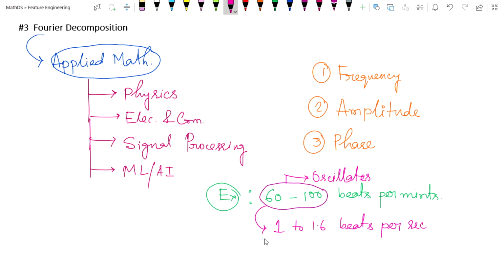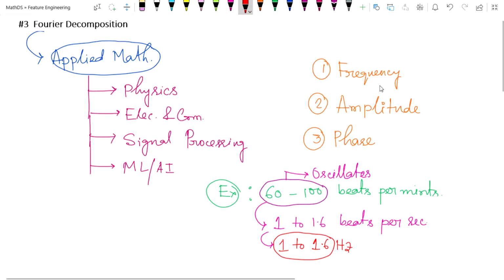That implies the frequency of our heart is 1 to 1.6 hertz. These things are called hertz. These things are actually called frequency: in a second, how many times it oscillates. That's the actual meaning of frequency. I think all of you understand it.